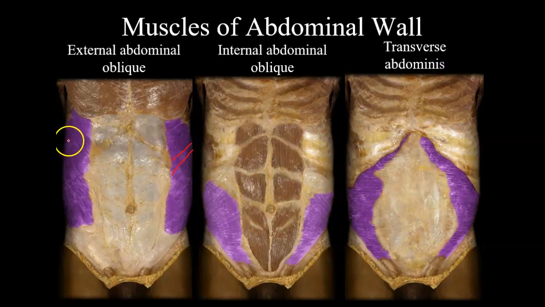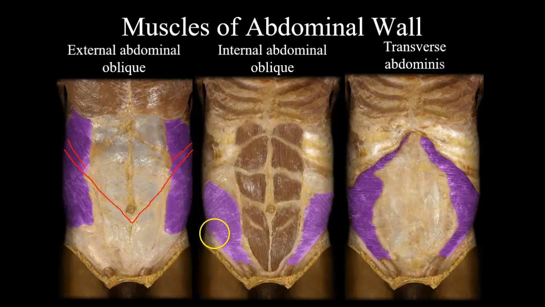Same thing on this side. If we extend these all the way through, you can see how this forms a V. This letter V that forms here, that's the external abdominal oblique.